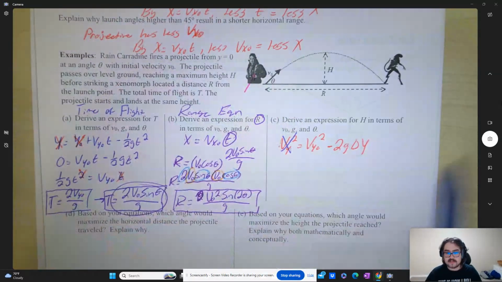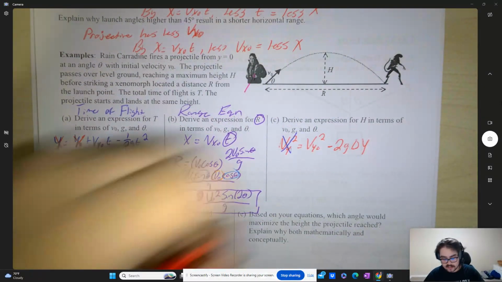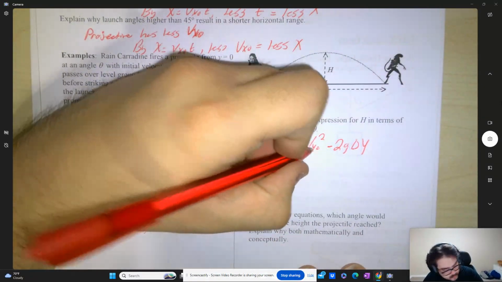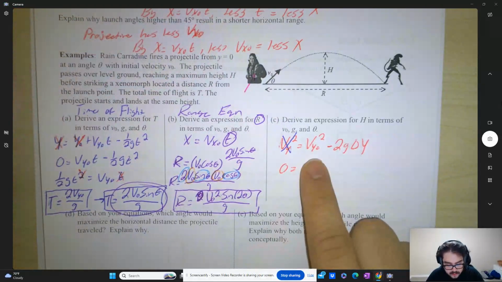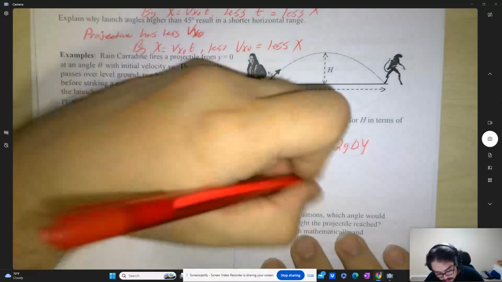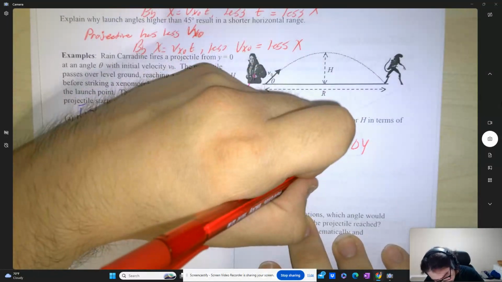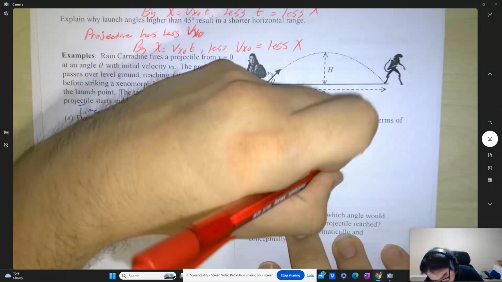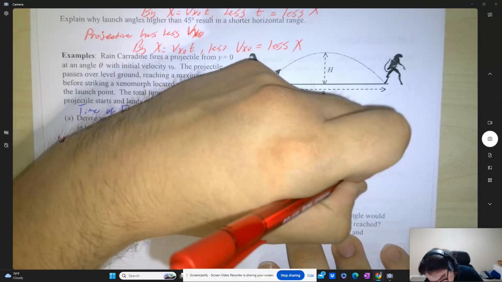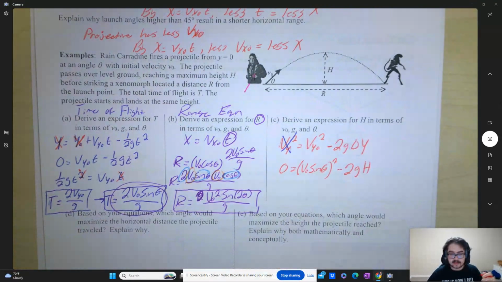When it gets to the maximum height, your y velocity needs to end up being 0. So vy squared equals vy naught squared, so 0 equals v naught sine theta, our initial launch velocity, squared, minus 2g times h, the height.